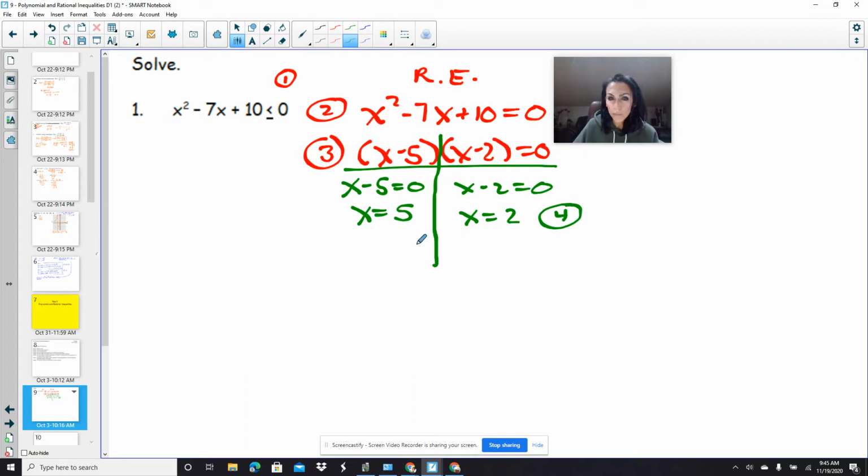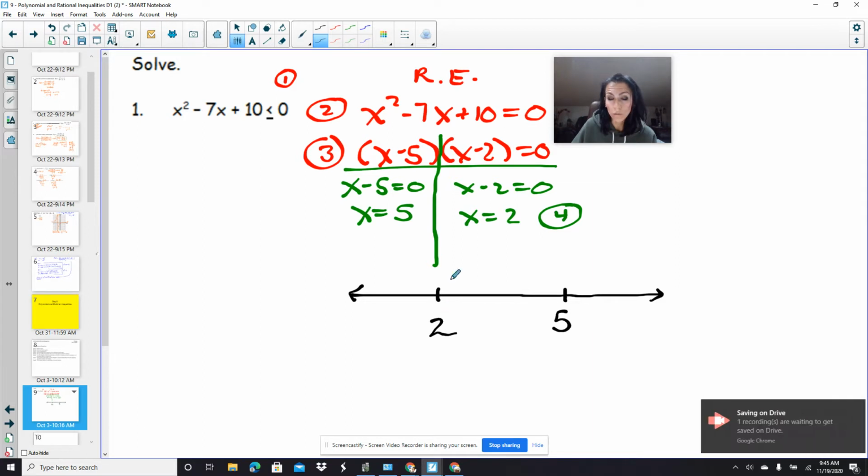Step 5 says we're going to put these critical values on a number line. All right, so let's put a number line down here and put in our critical values, 2 and 5. Now we're going to go back to the first inequality symbol and determine whether at those critical values our circle will be open or closed.